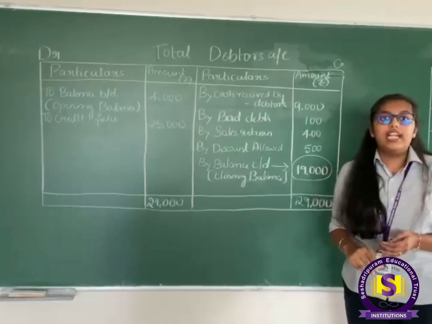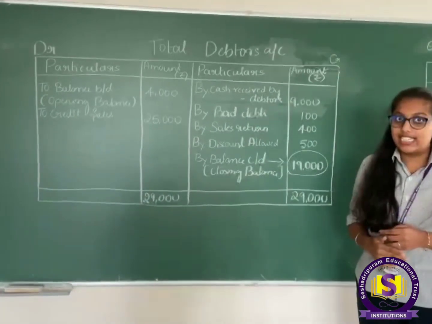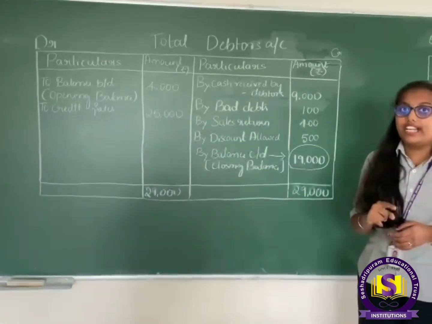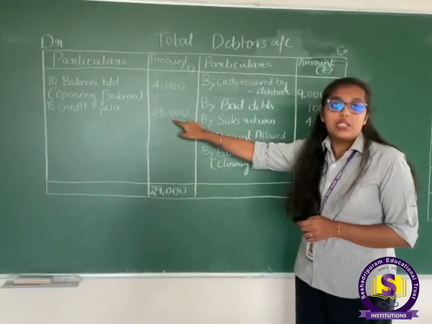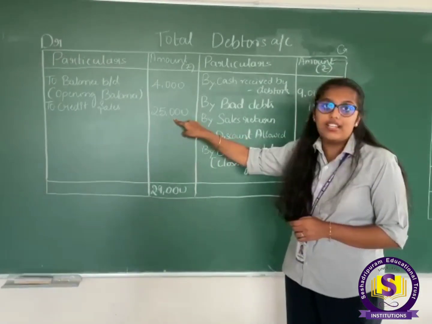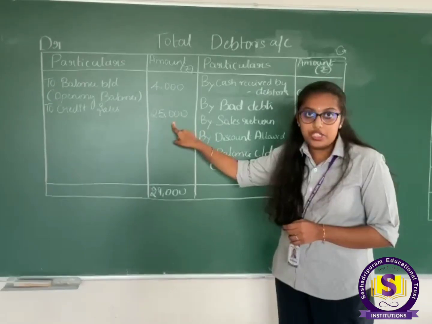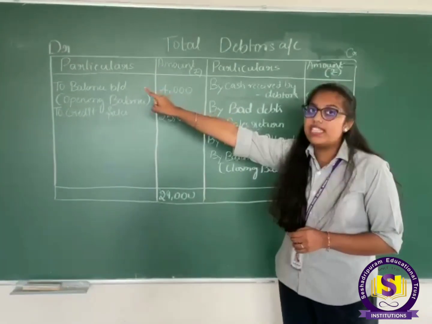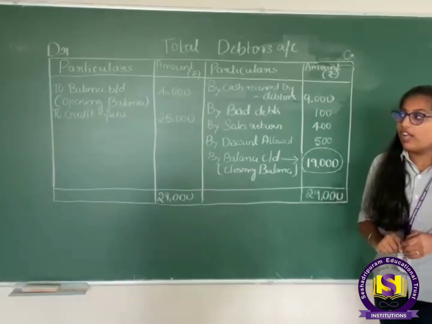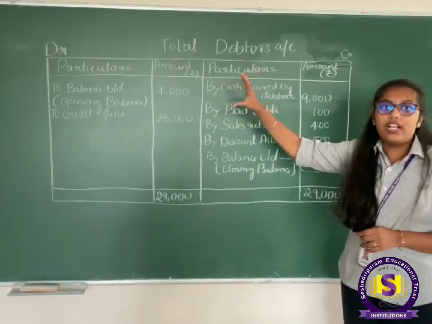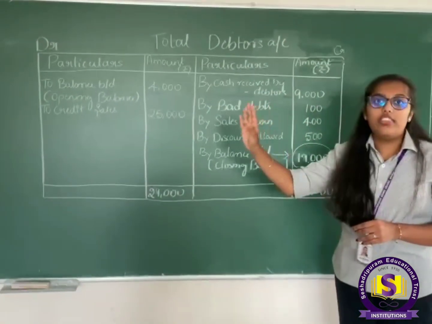Next, we have to see if they have made any credit sales. Yes, in the question they have made credit sales for rupees 25,000. So we have to mention the credit sales on the debit side of the total debtors account. Only those two entries will come in the total debtors account on the debit side.